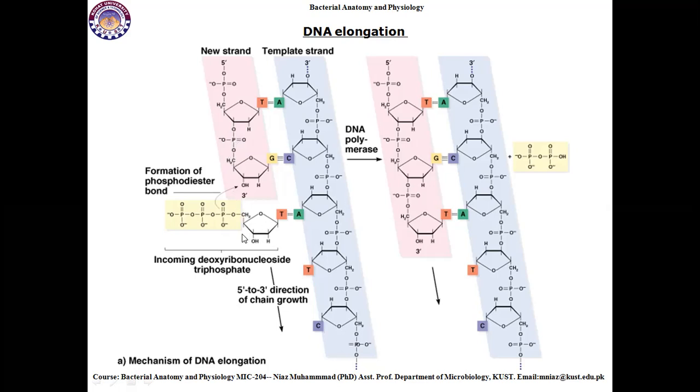Again, this is the coming nucleotide. This is thymine. It has phosphate molecules, three phosphates. This is the incoming deoxyribonucleoside triphosphate.